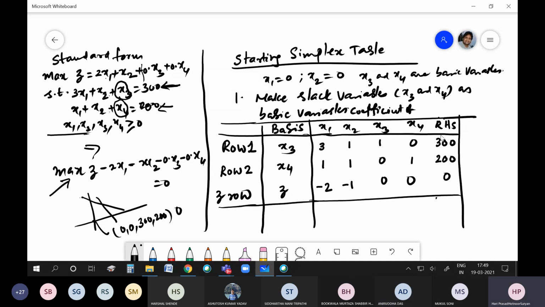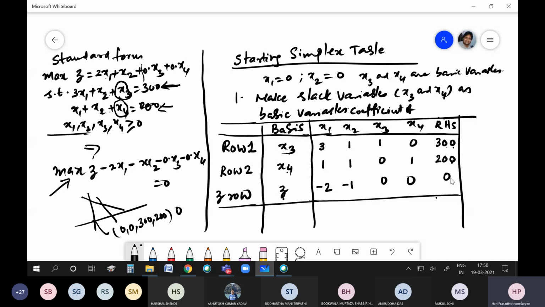If you see this table, the right hand side which I have written is equal to the value of the basic variable at that basic solution. What is x3 here? X3 is equal to 300, x4 is equal to 600, and what is the value of z at this point? 0.